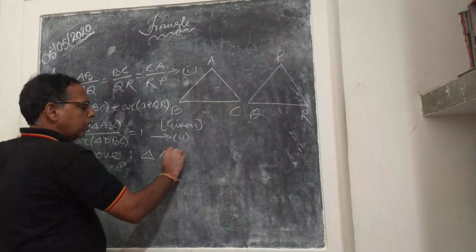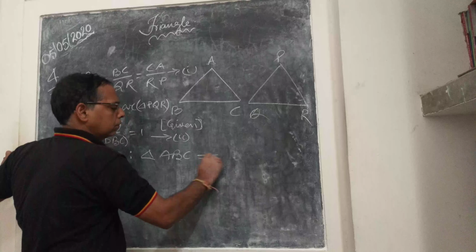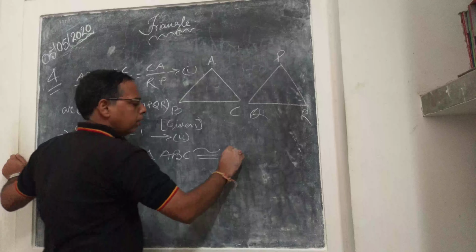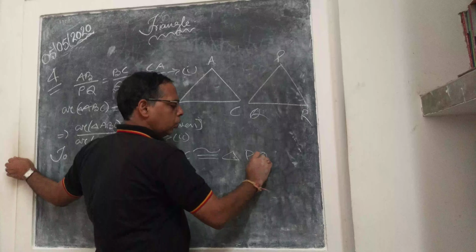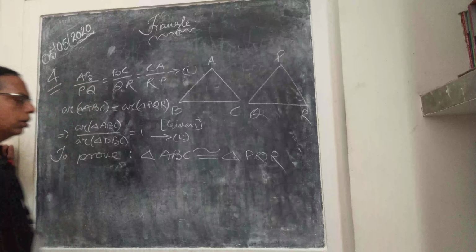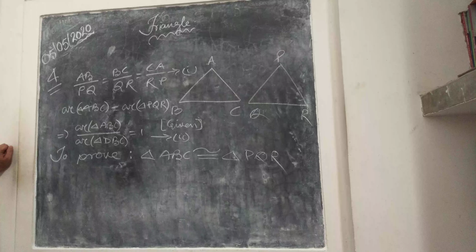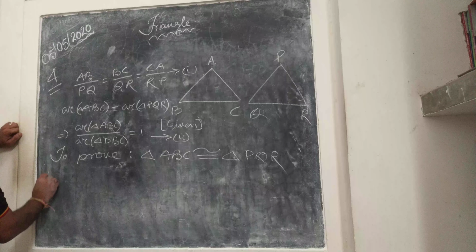Triangle ABC congruent to triangle PQR. Got it? Okay. Now after that you see how to prove that. Since this is a proof, there will be no construction.